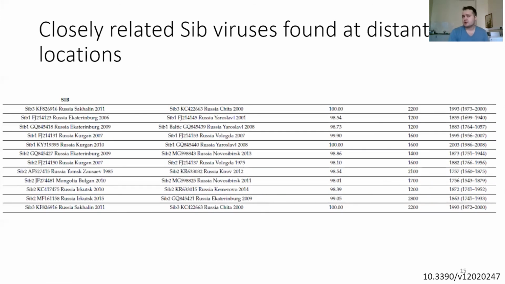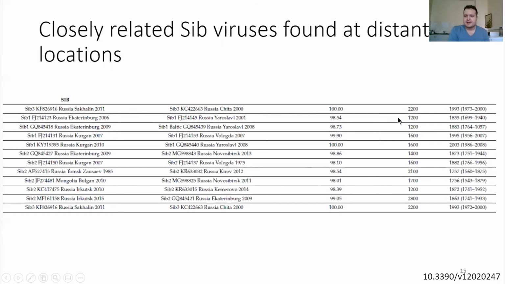And the same situation is for the Siberian TBEV. Some viruses are identical. For example, a virus isolated in Sakhalin in 2011 and a virus isolated in Chita in 2000 are completely identical.